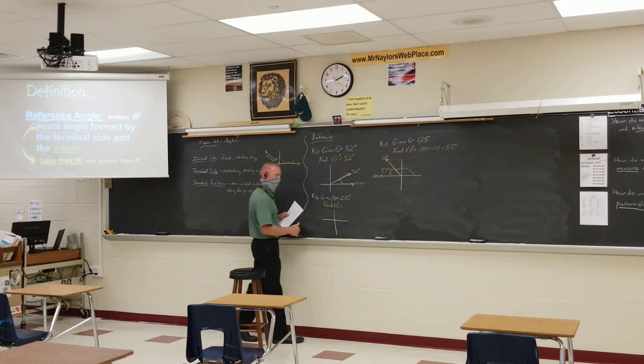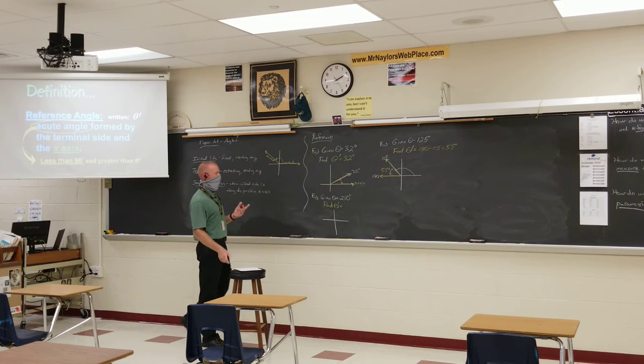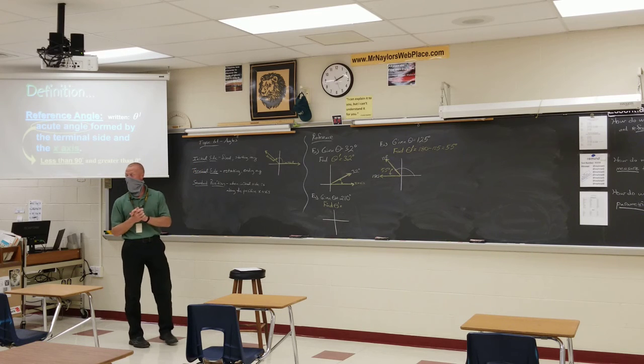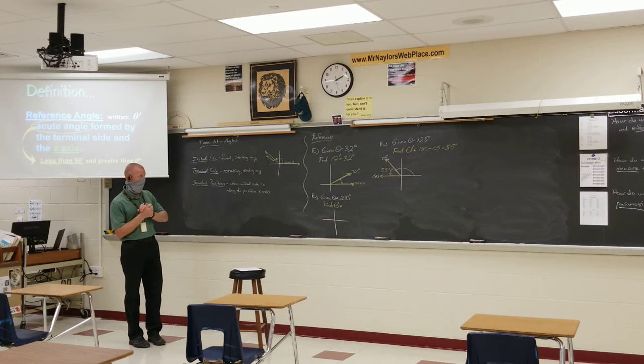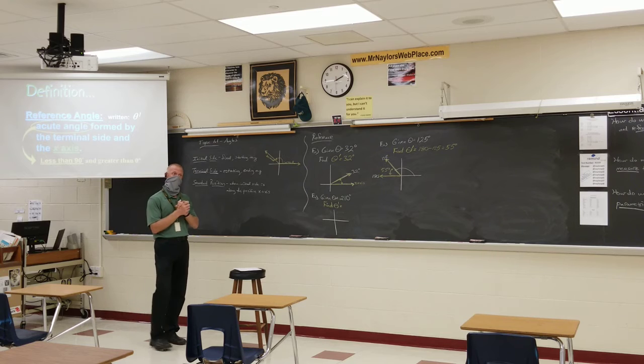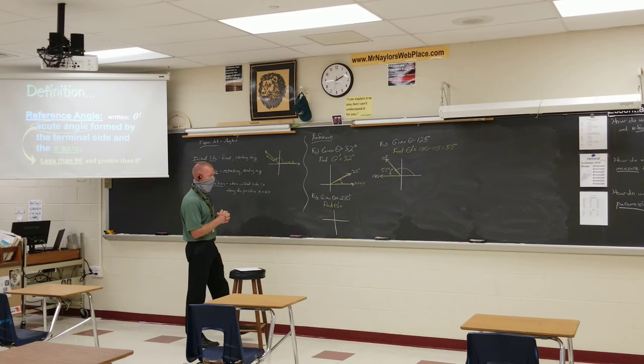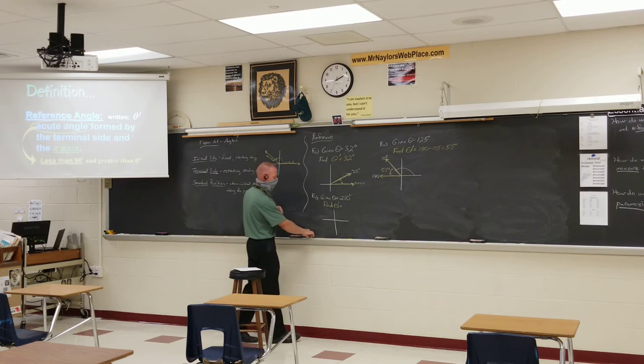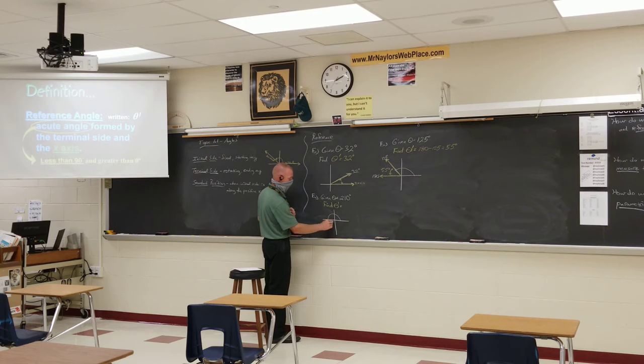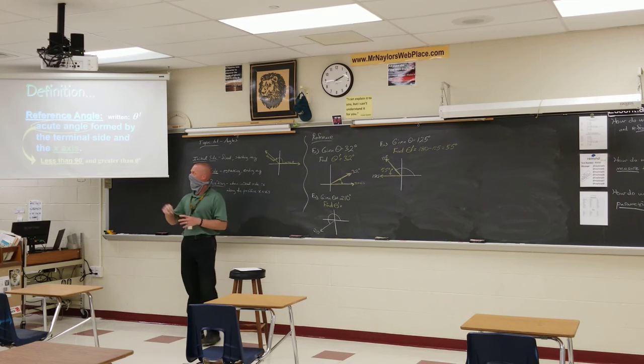Okay, now at this point, students may feel like they are ready to journey and do this on their own, which I'm going to encourage you to do. I would be encouraging you right now to sketch 210 on your own. You should be able to sketch 210. I would be encouraging you to start to think about the definition, piece by piece.